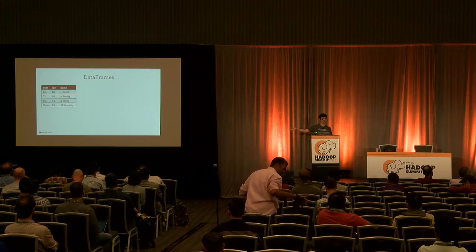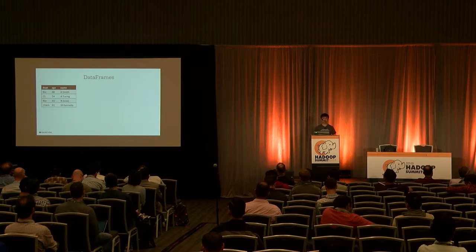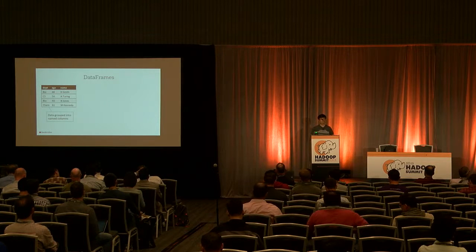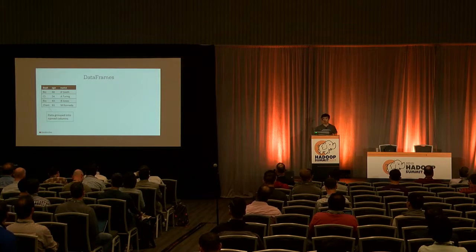And you can see they may have different types. Department may be a string, age an integer, and so on. So data are grouped into named columns, a very familiar type, both to people coming from data engineering and from statistics.